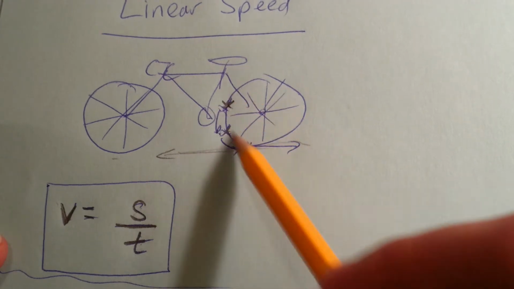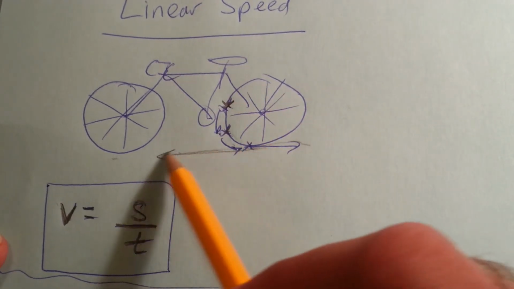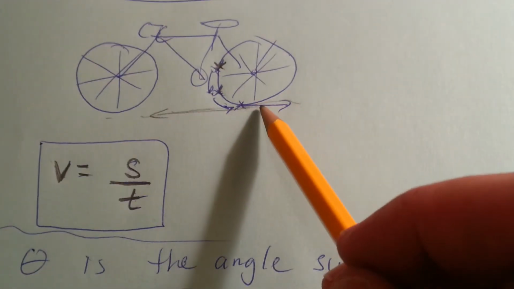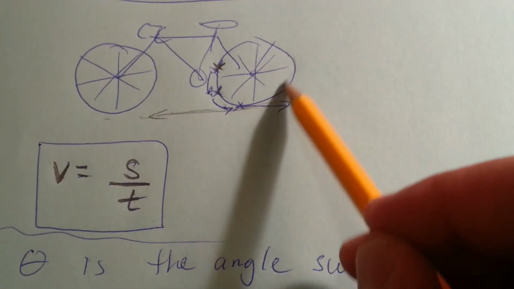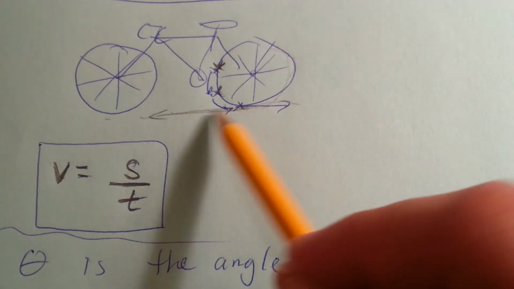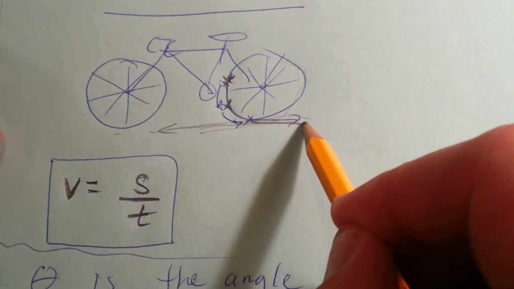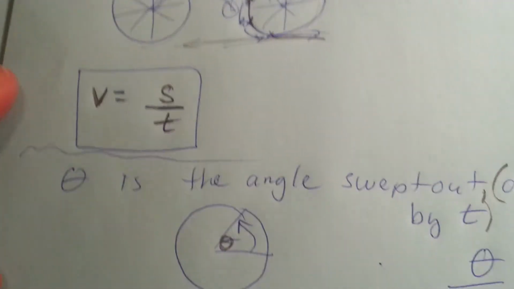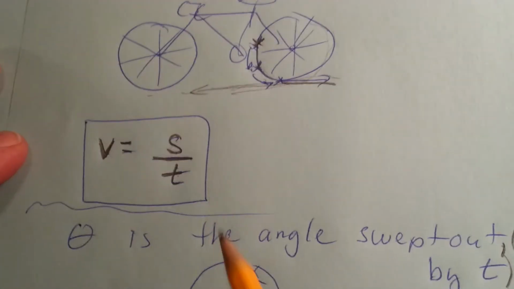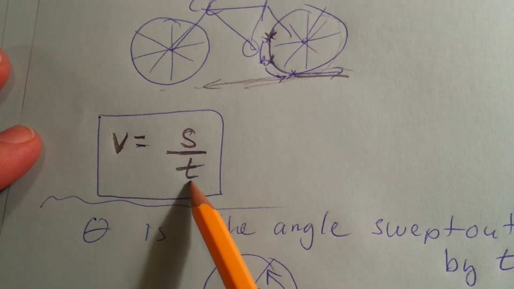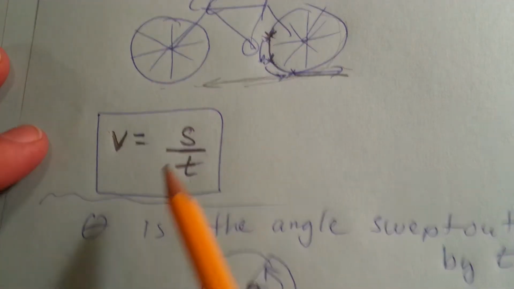How fast is the circumference of this tire laid out linearly as this point rotates around? How fast is this arc length laid out on a track per time? You follow this point here, maybe it did that in a certain amount of time. So linear velocity is arc length per time, arc length during a given time.